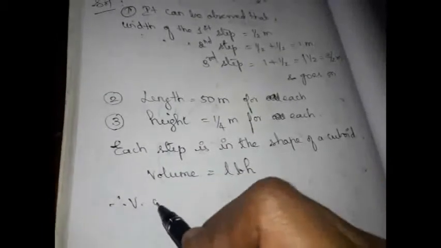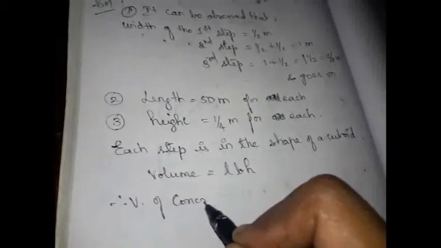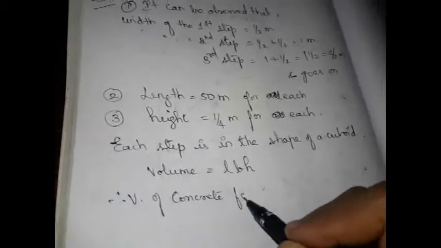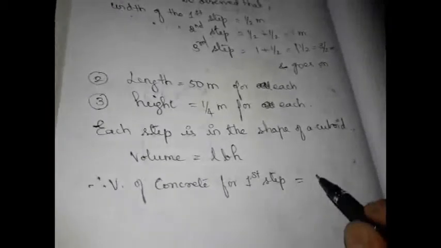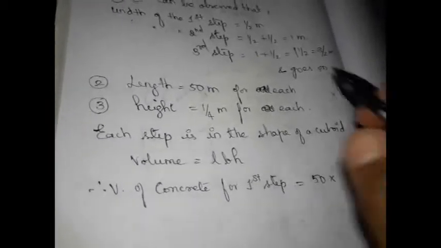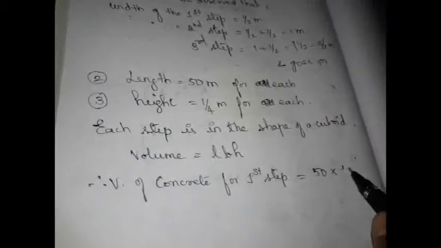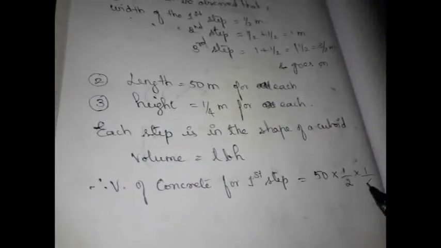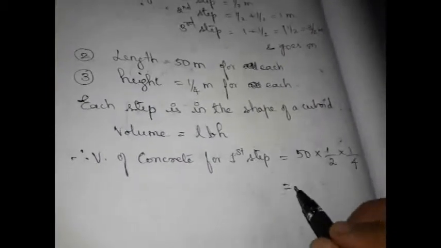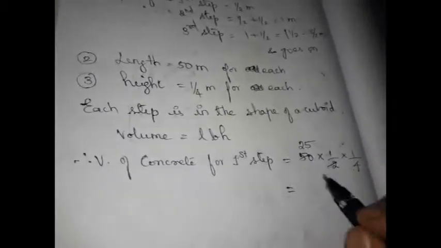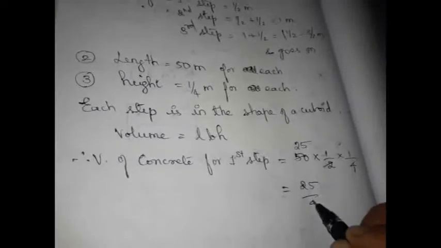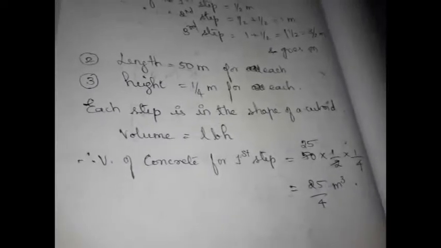Therefore the volume of concrete for the first step is equal to, your length is going to be 50, breadth is going to be half, and your height is going to be 1 by 4. Which is equal to 25 by 4 meter cube.